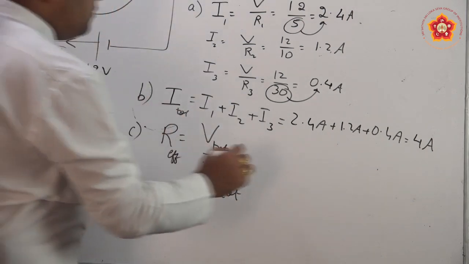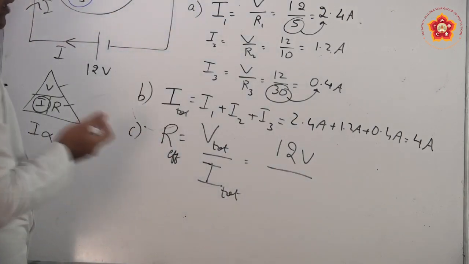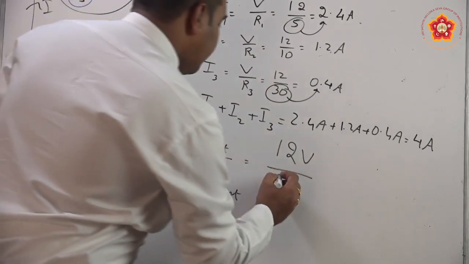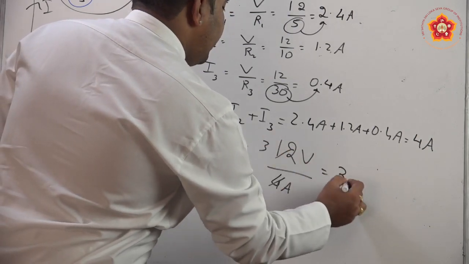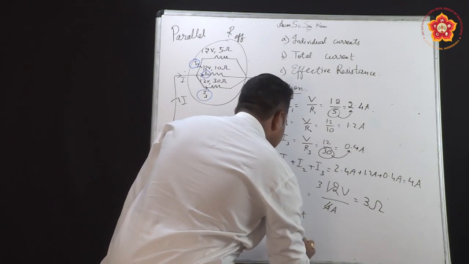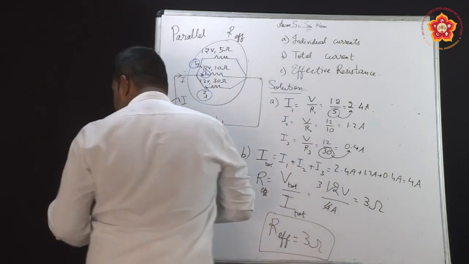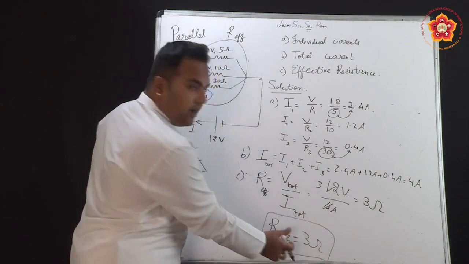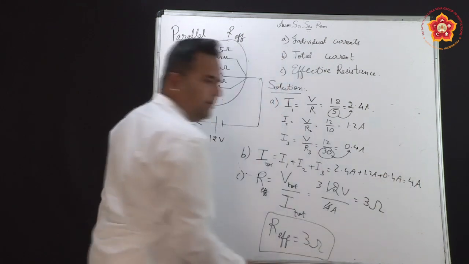So what is the total voltage? 12 volts divided by, what is the total current now? It will be 4 amperes. 4 3s are 12, so 3 ohms. So the total effective resistance is 3 ohms.